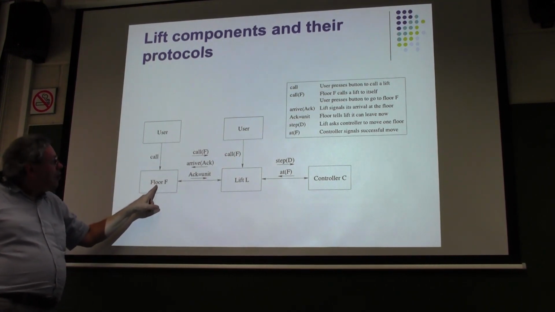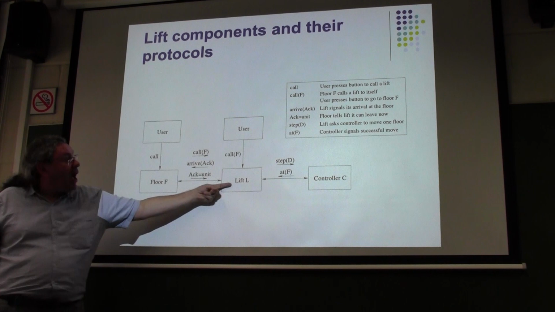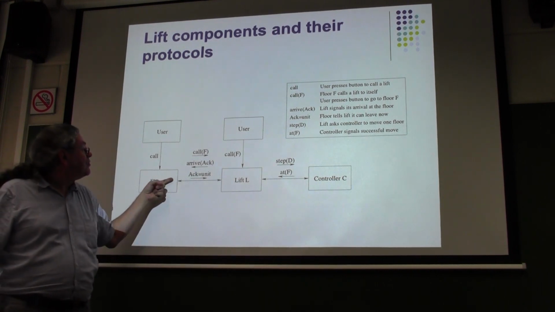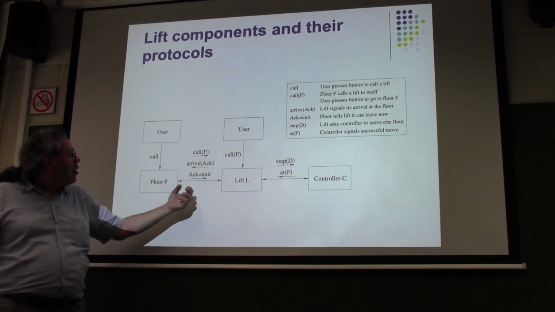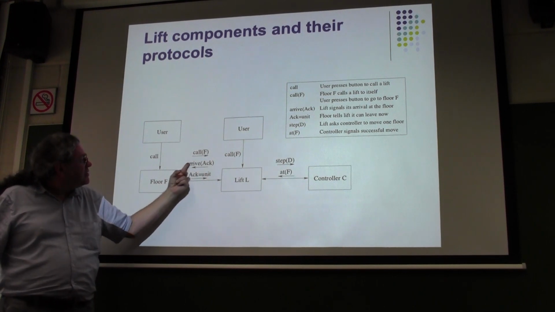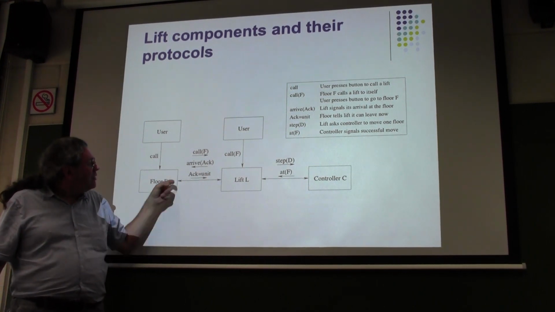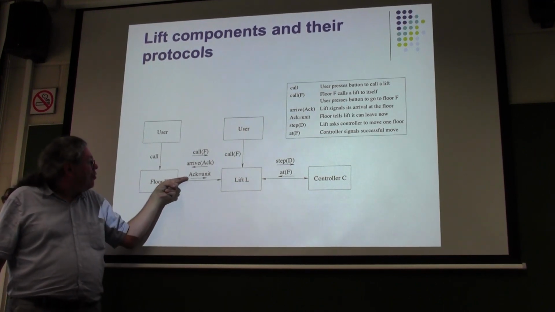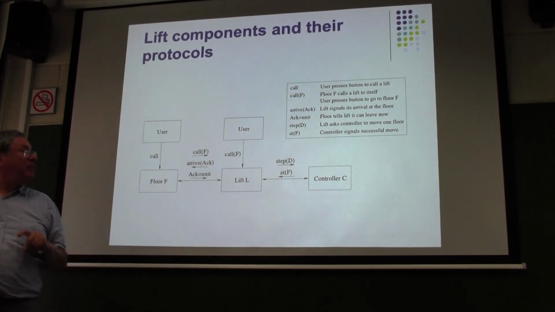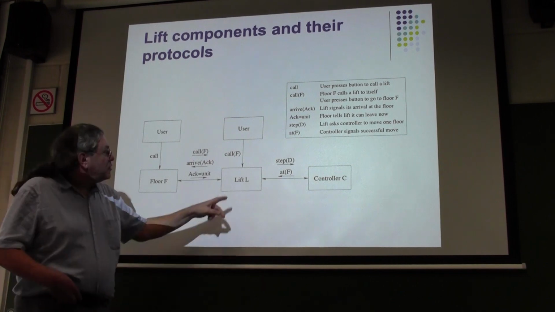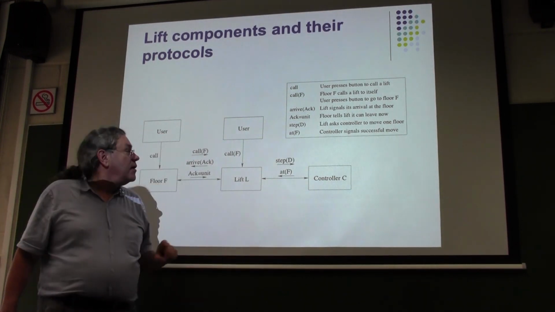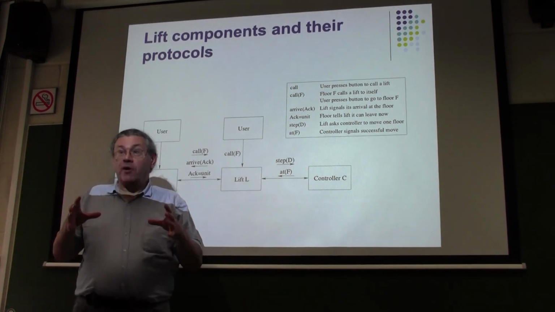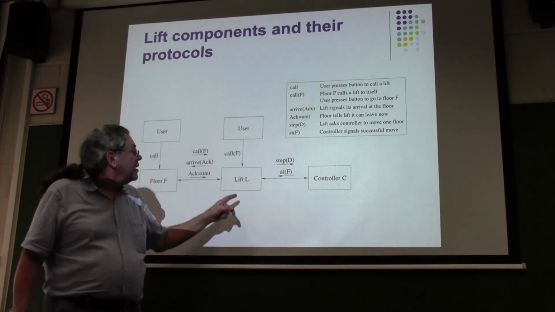The floor, when you do call, has to actually call a lift, so it sends call F to the lift. When the lift arrives, it sends an arrival, and when the lift is allowed to leave again, the floor acknowledges that it's allowed to leave. And the lift also talks to the controller, because the motor has to start and stop sometime.